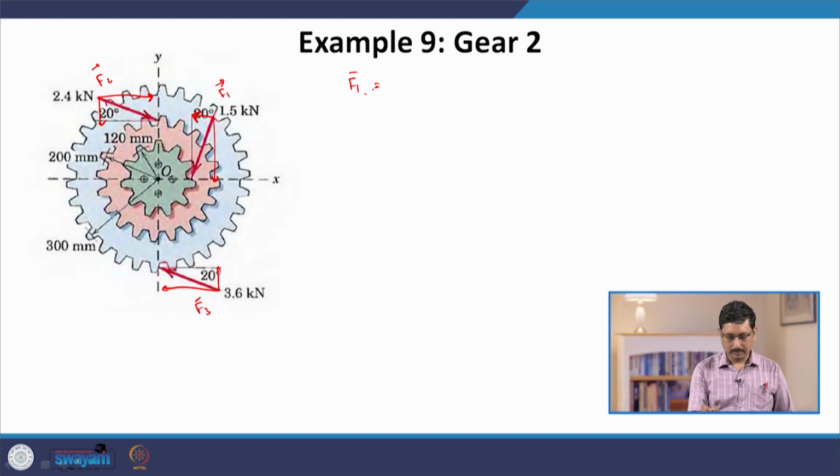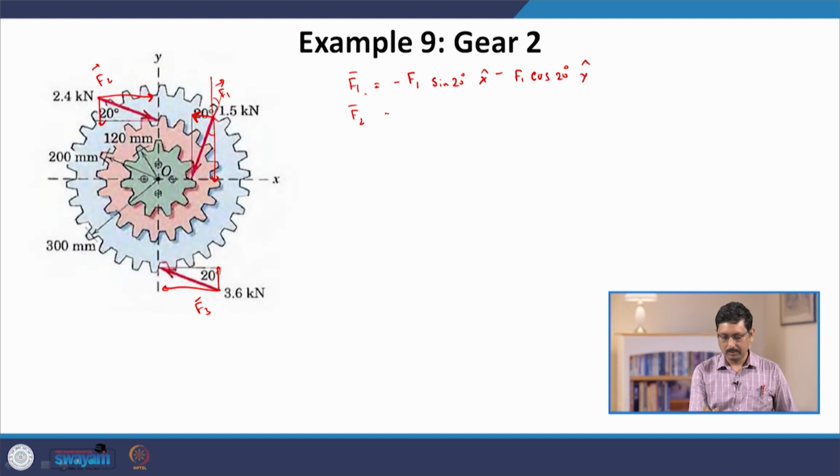three components. So, from this diagram, it is clear that this angle is 20 degrees, this is 20 degrees. So, F1 is minus F1 sin 20 degrees x hat minus F1 cos 20 degrees y hat.